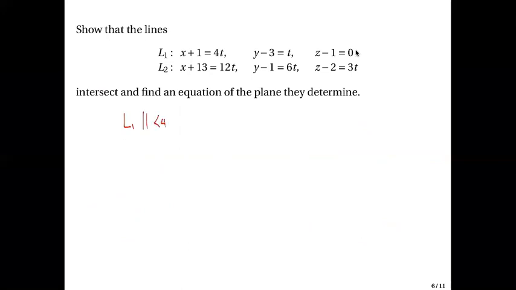So you have 4, 1, 0, and let me call this V1. L2 is parallel to 12, 6, 3. And let me call this V2.